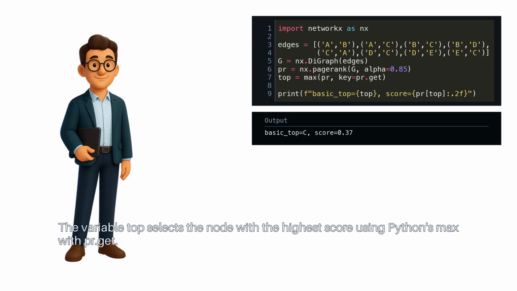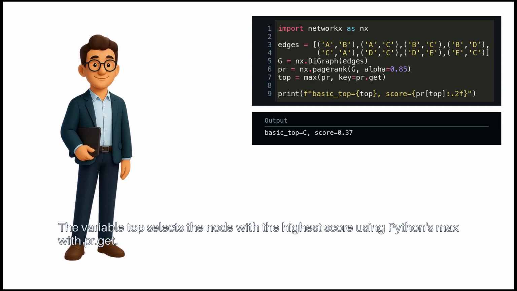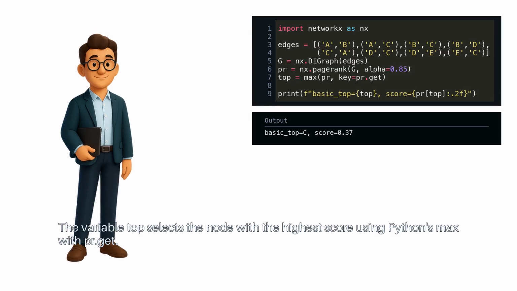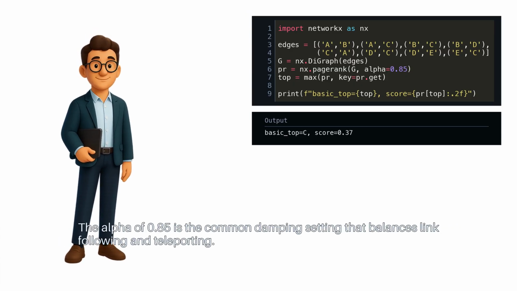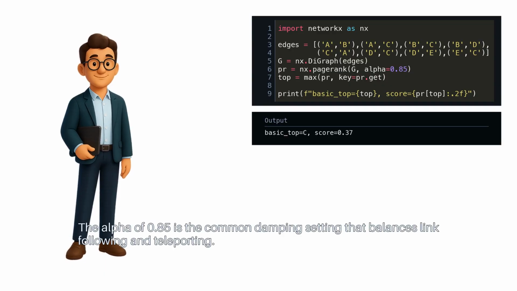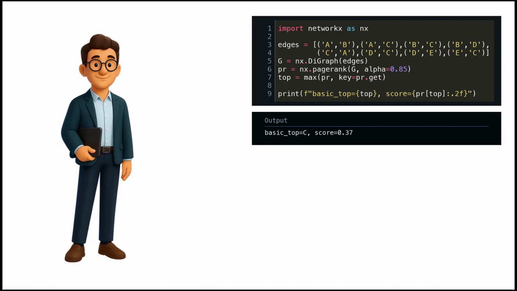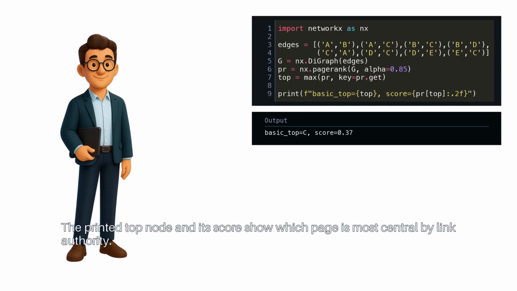The variable top selects the node with the highest score using Python's max with pr.get. The alpha of 0.85 is the common damping setting that balances link following and teleporting. The printed top node and its score show which page is most central by link authority.